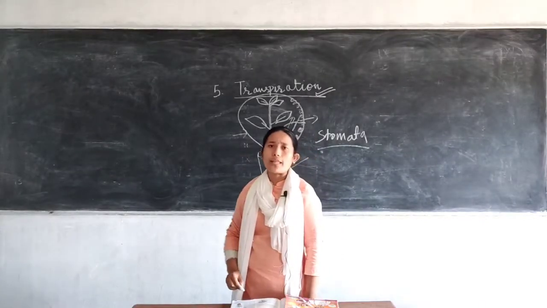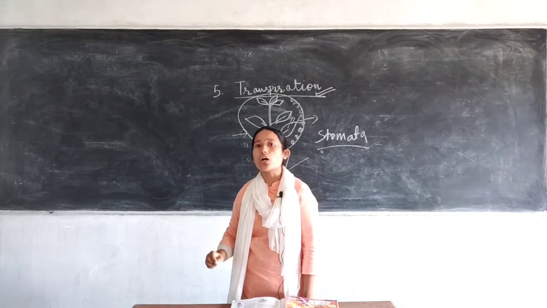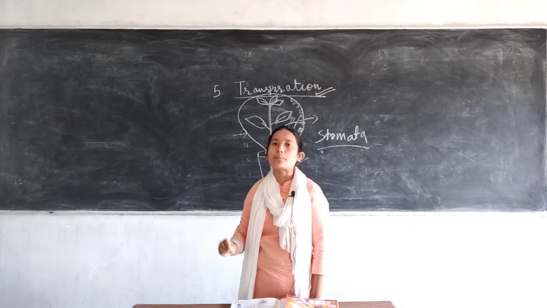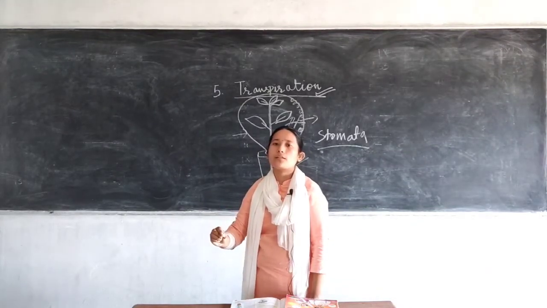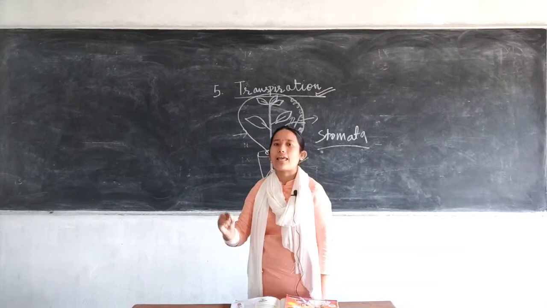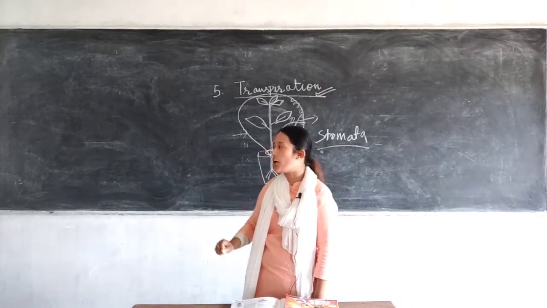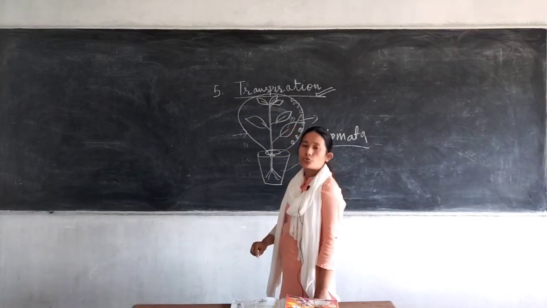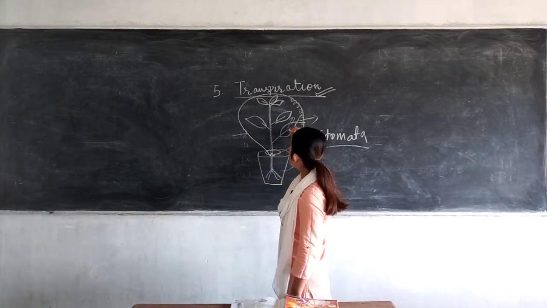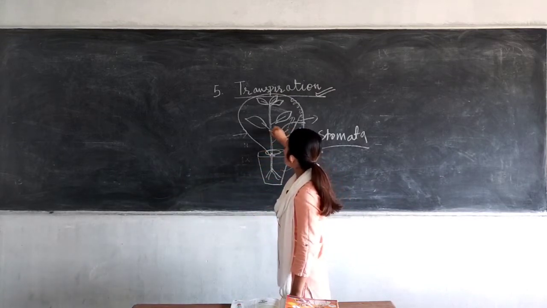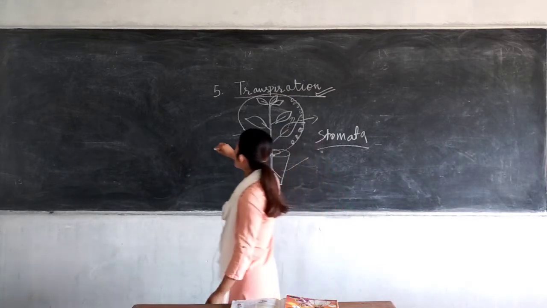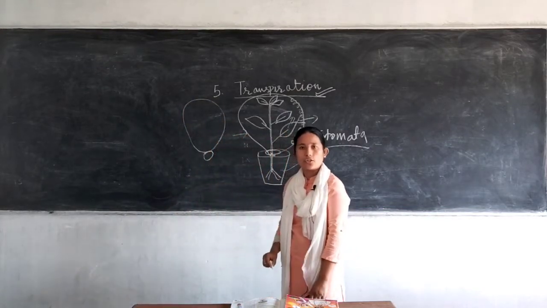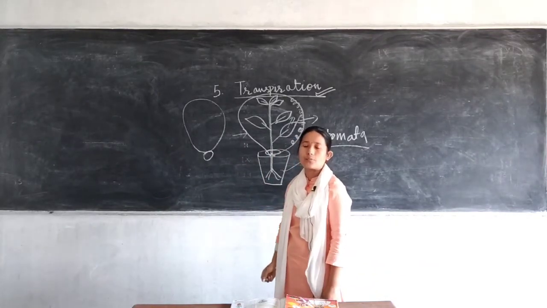Now as we know, for every experiment we have to have a control setup, right? In the control setup, everything is the same except the experimental material that you are studying, which is lacking. Since transpiration occurs through water loss from the leaves of a plant, here you have a pot without the plant, and you will just have a polythene bag tied on the base and keep it in the sunlight, similarly to what you did previously.